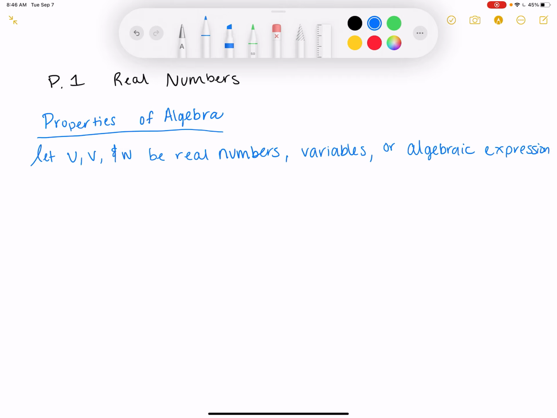I just spelled real R-E-L-A. So basically this first thing is just those are the letters that I'm going to be using to list out the different properties and stuff. And it's saying that they can symbolize any of those three options.